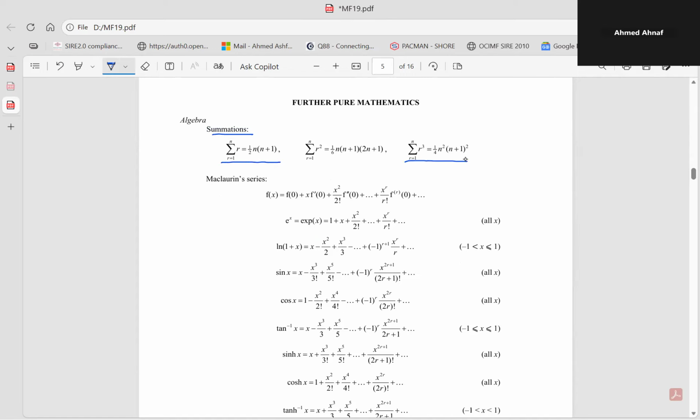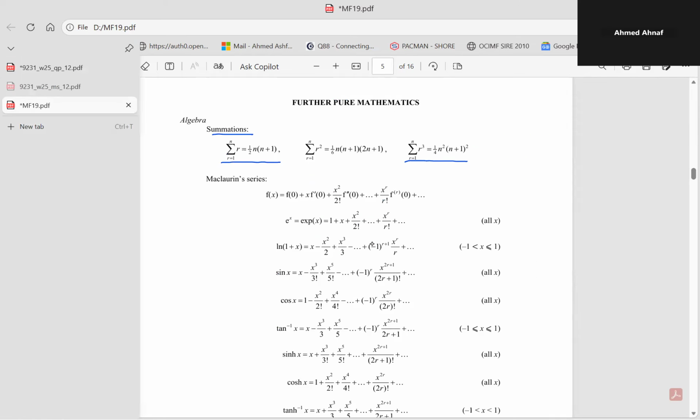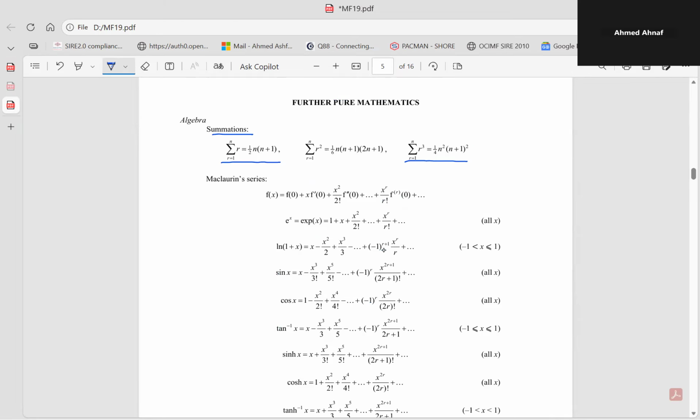So for r cubed it's 1 over 4 n squared times n plus 1 squared. Okay, and then for r, it's just half n times n plus 1.